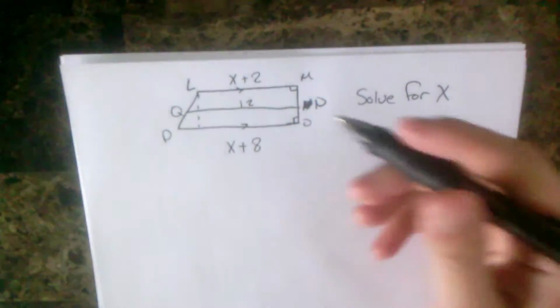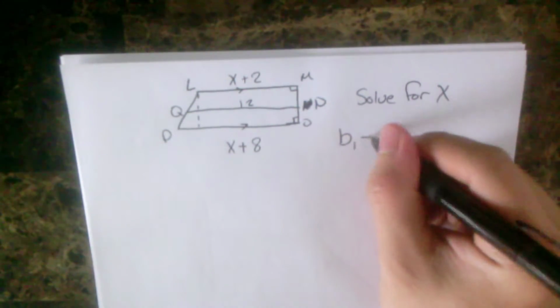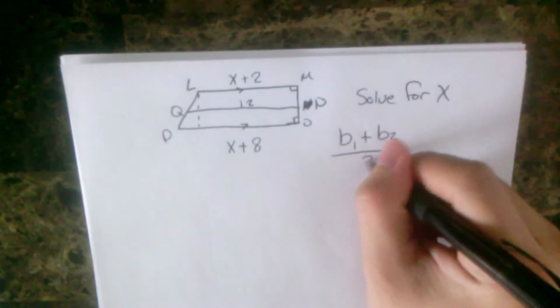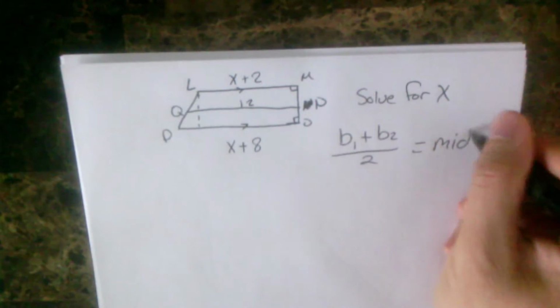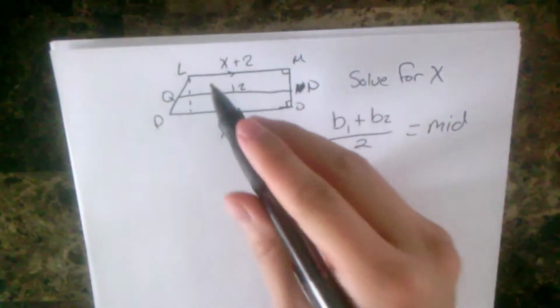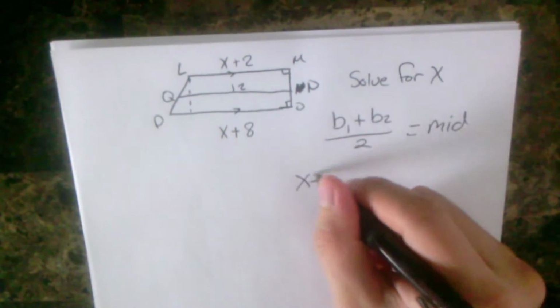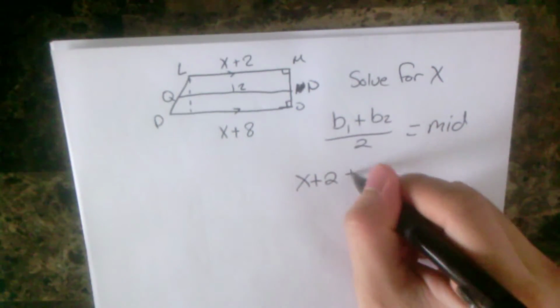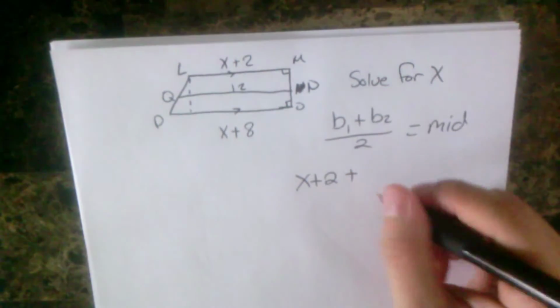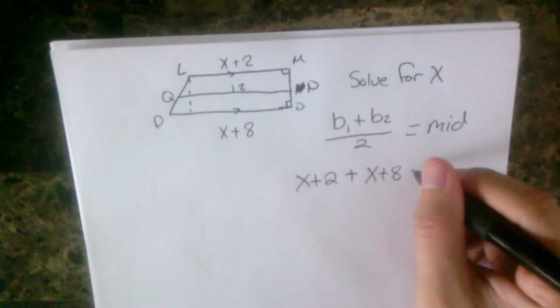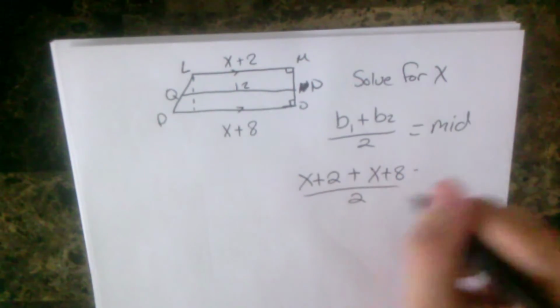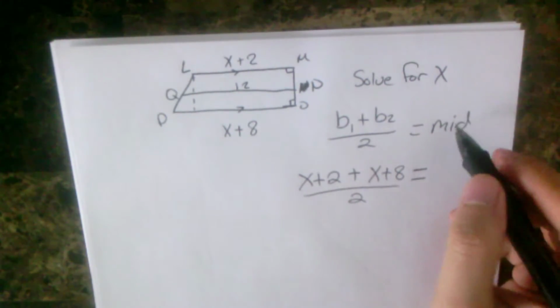And what you'll do is you'll still apply our formula. Remember our formula again, base 1 plus base 2 over 2 equals the midsection. So let's go and apply it. Base 1, the top, is x plus 2. You've still got a plus sign. And then let's add base 2, so the bottom, x plus 8, all over 2 equals the midsection, so that's 12.